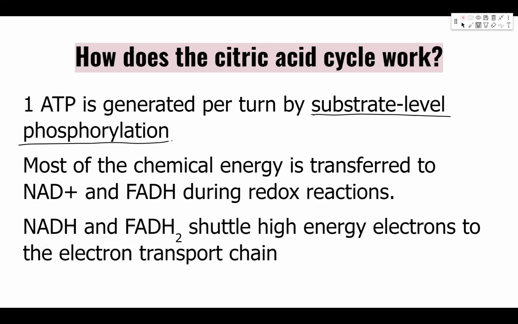So, what happens is our energy is transferred to NAD plus and FAD to get NADH and FADH2. Now, this sounds like alphabet soup, I know, but these are our non-energetic electron carriers. These are where our energy is. So, most of our chemical energy is transferred to NAD plus and FAD.